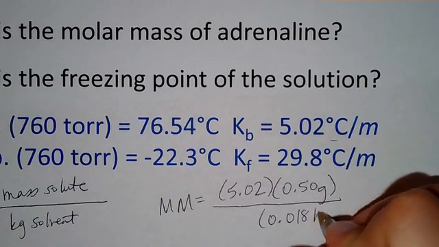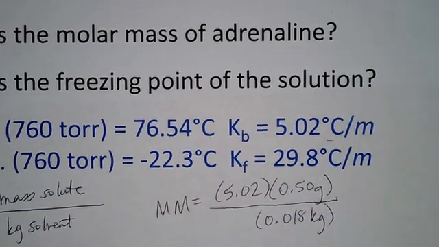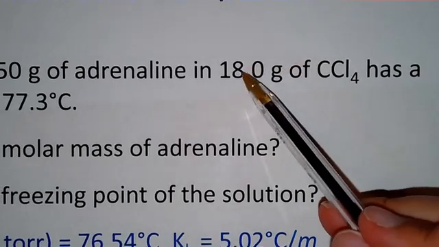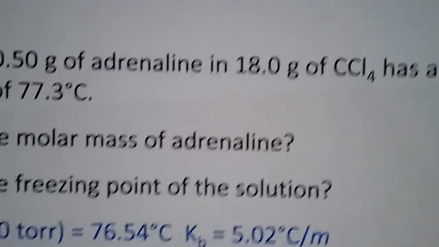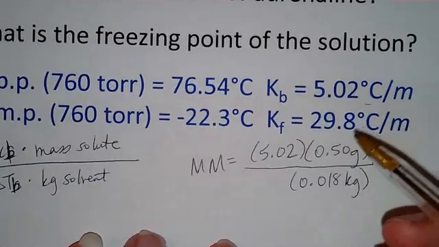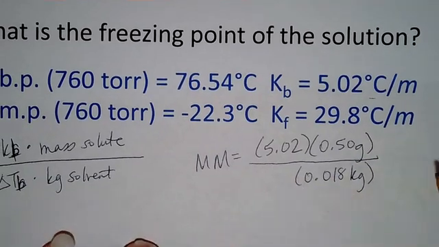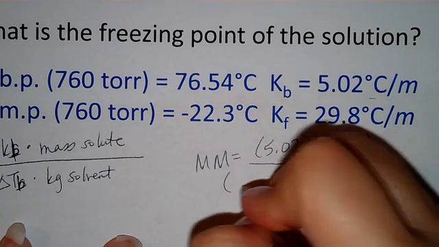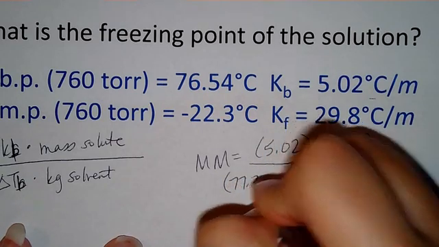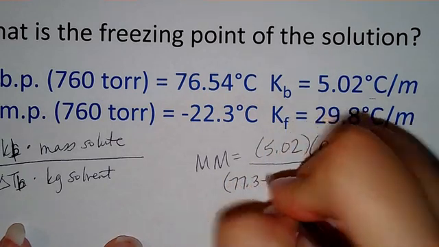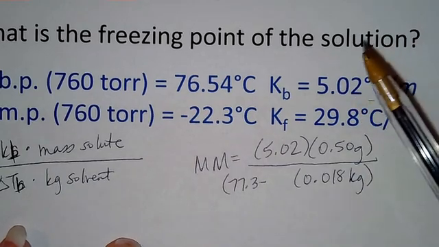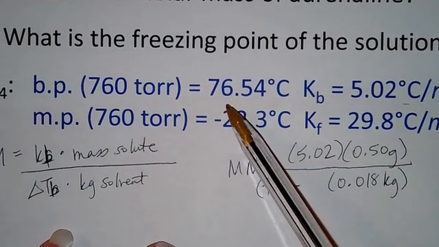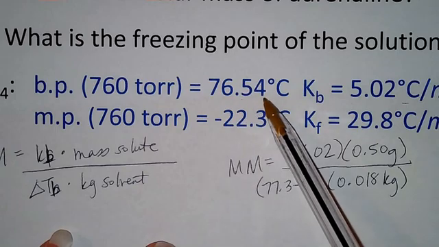And then the last thing we want to put in here is our delta T, our change in boiling temperature. So our solution was 77.3 for boiling temperature, but the solvent by itself was 76.54. So in order to find the change, we're going to subtract. And remember, delta T needs to be positive.